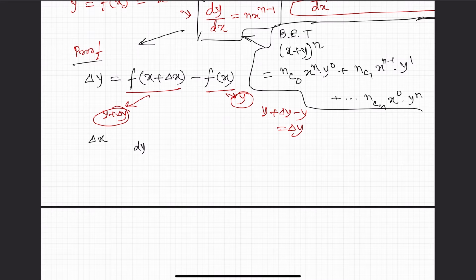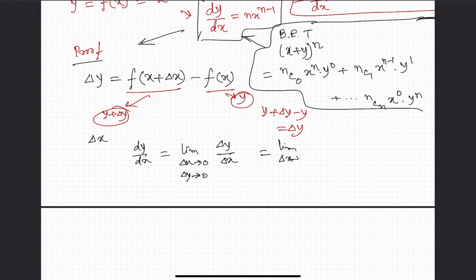Now dy dx is equal to the limit del x tends to 0, del y tends to 0, of del y by del x, and what we have got as del y is that.